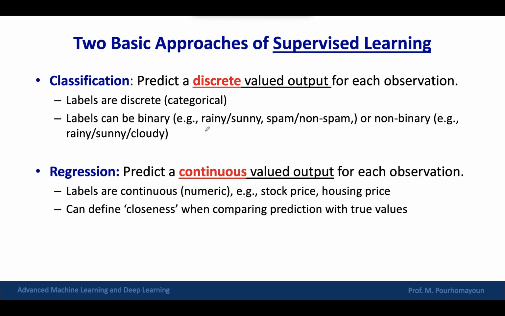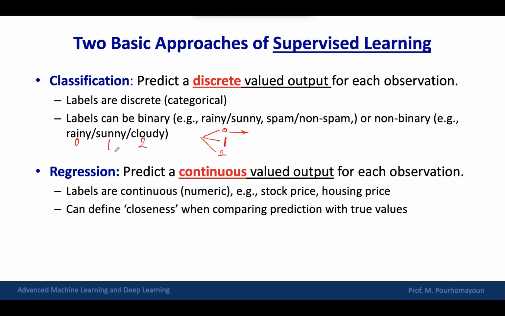You can assign a number to each group. For example, you can assign 0 to this one, 1 to this, and 2 to this, and train your machine learning based on 0, 1, 2, and it predicts 0, 1, 2 for you. This is your label. This is a number, right? But in fact, this number represents a group.